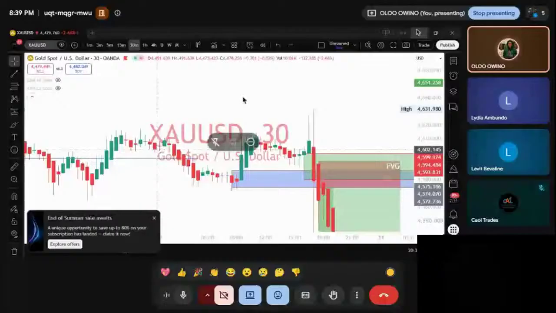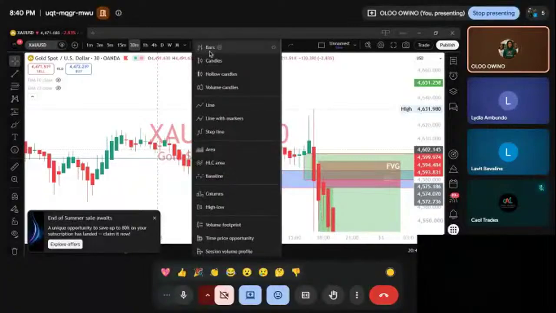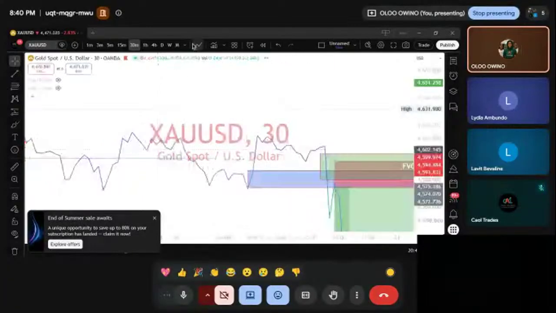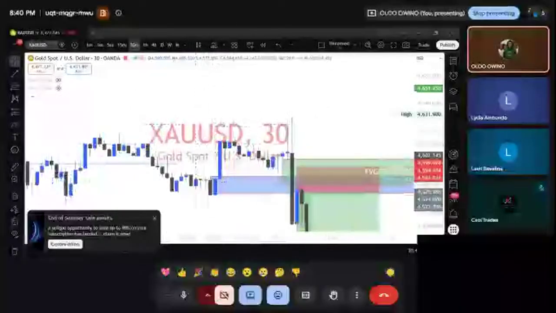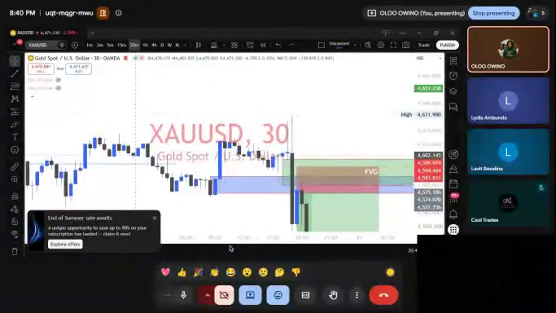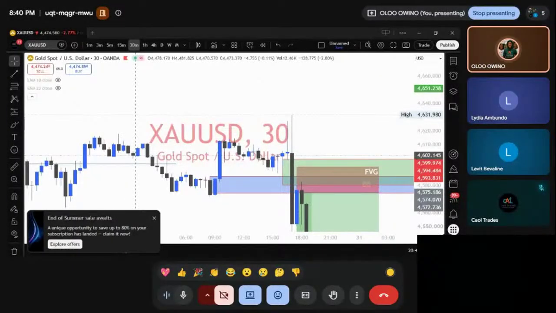So this is what we call the bar charts. But we're going to work mostly on line and candlestick charts. Now, up to there, any question? No, I don't have a question. Now, we shall go back to that.